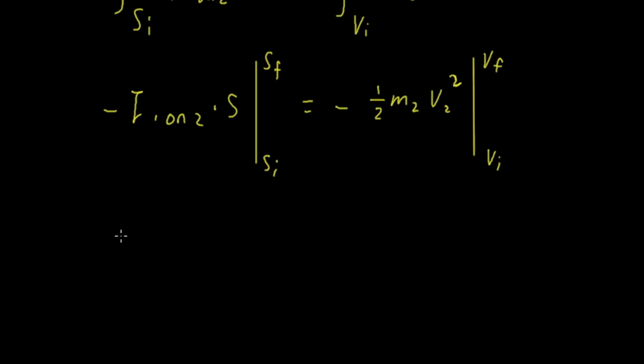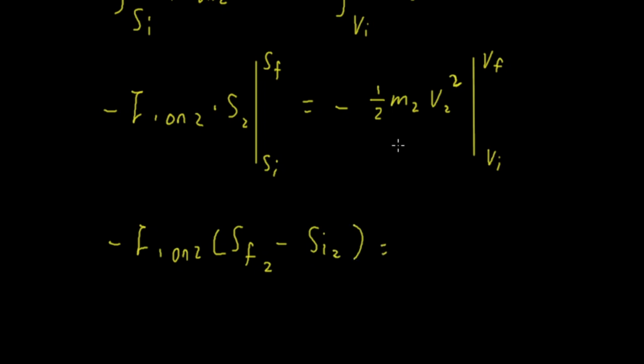Now, that would be this times initial. So that's s sub 2, because of the second object: final position of object 2 minus initial position of object 2.